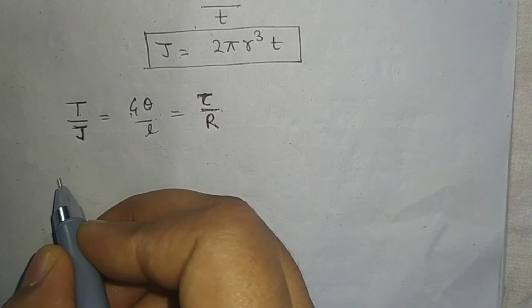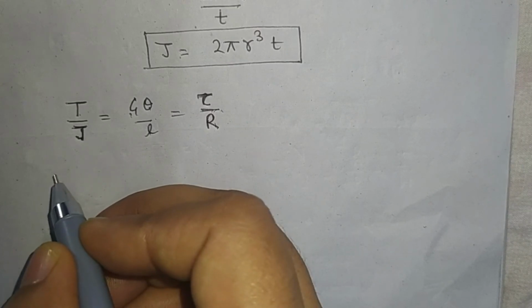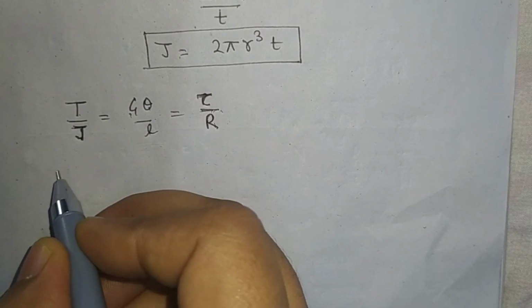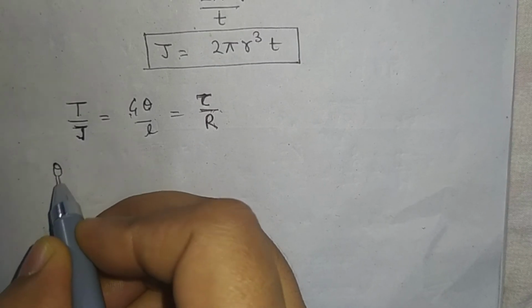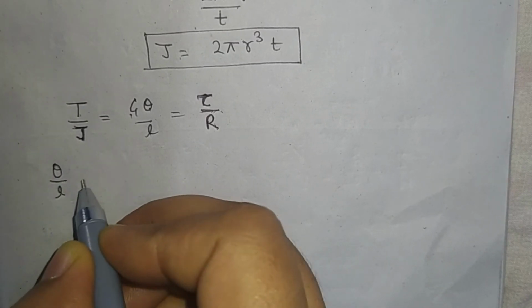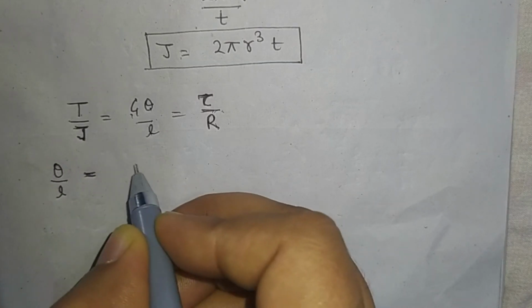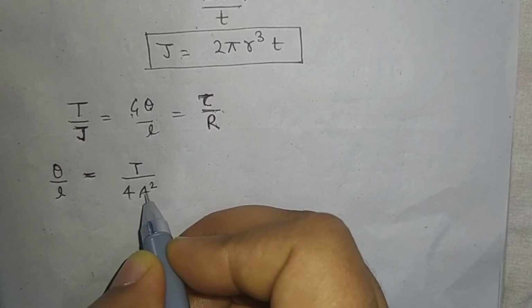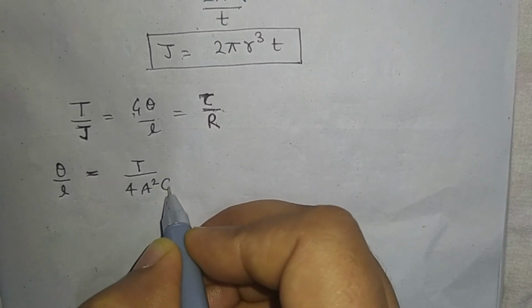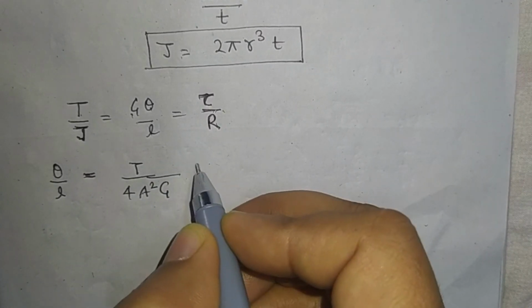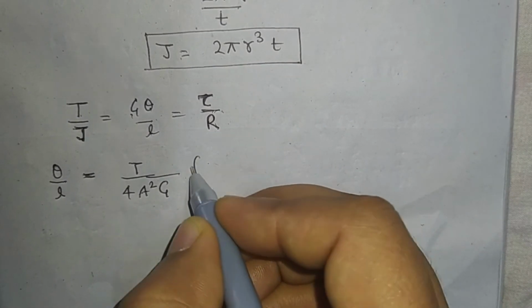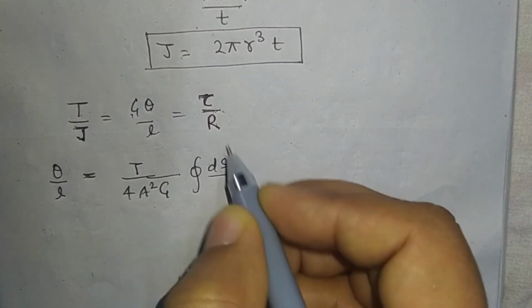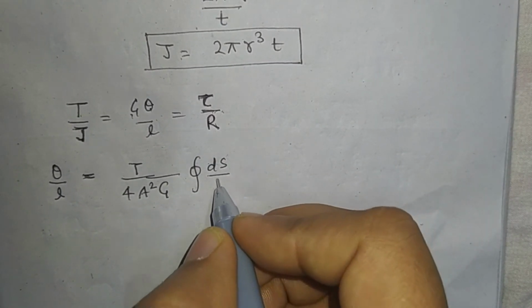And we know that for a closed thin walled section, the rate of twist, which is theta by L, is given by T by 4 A square, where A is the closed area, G is the shear modulus, and the summation of perimeter divided by thickness.